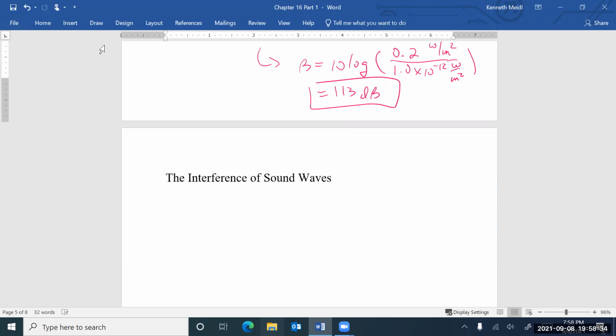So what I would do here to create definite places of constructive interference and definite places of destructive interference, the simplest thing that you can do is to have one coherent source of waves.